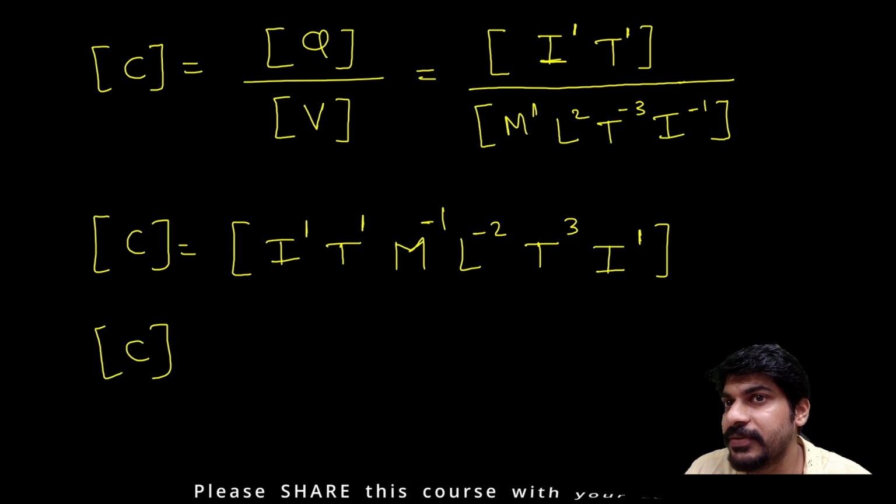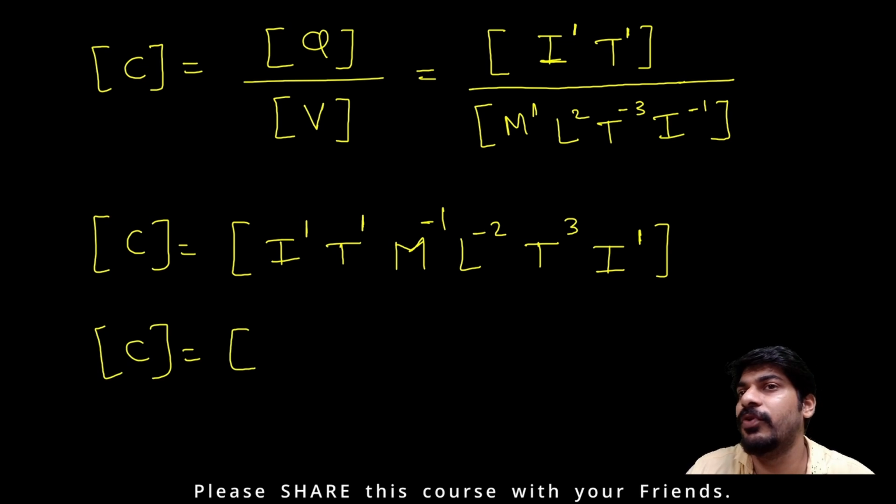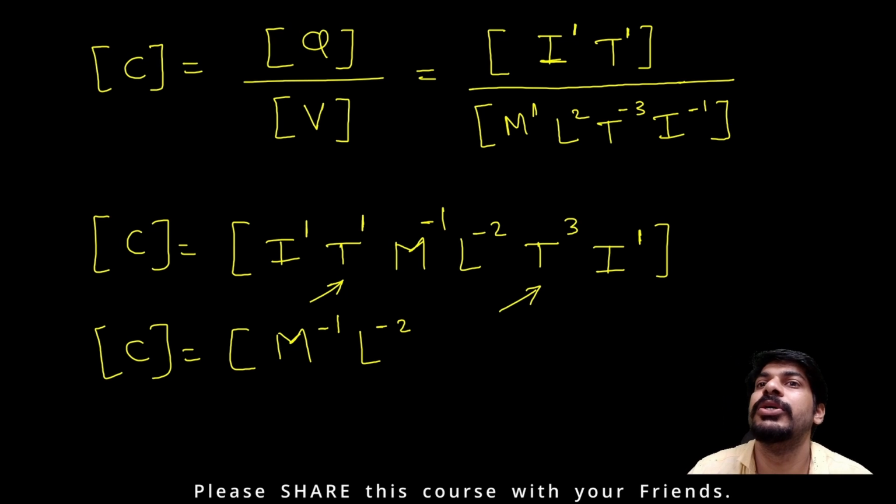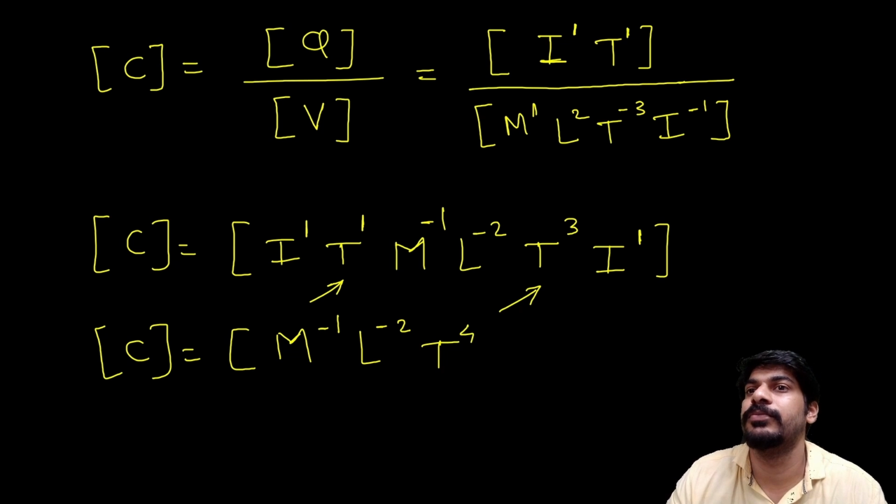So C is equal to, first of all we will write M minus 1, then L minus 2, and we will write time. Now you can see here is one term associated with time, then there is T3 here, so total will be T4, is it? Then what remains is the current.